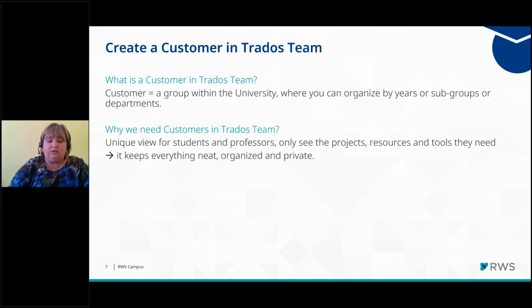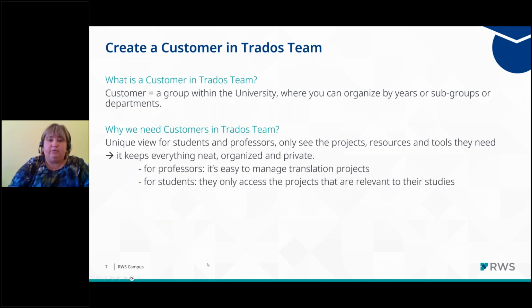This structure using the customer is very helpful even for students and for professors because they can only see the projects, resources and tools they will need. This will keep everything neat, organized, and private.